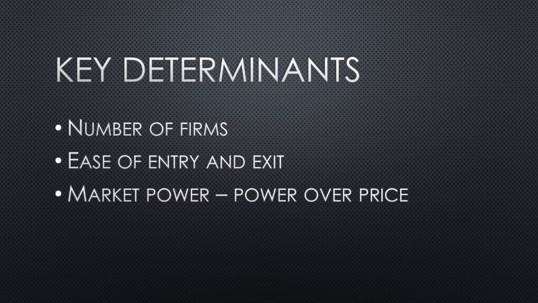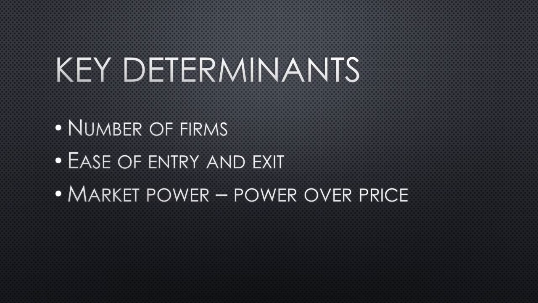The third determinant is what we call market power, and that refers to what is your power to price your product. Now you might think that's a kind of a weird thing to think about. Why can't I just set whatever price I want? Well, with market power, you have power over price. You have the opportunity to set whatever price you want, but that doesn't mean your customers are going to pay it.